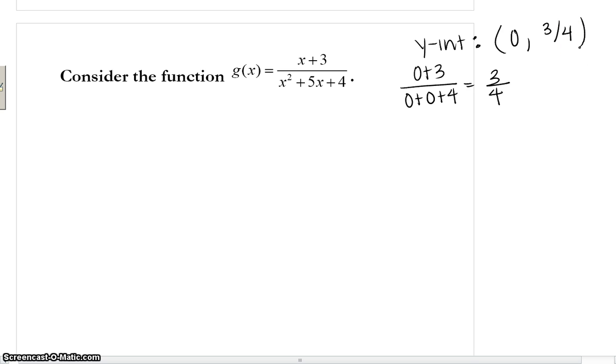And we can find our x-intercepts. Our x-intercepts, remember, come from our numerator, which tells us that our x-intercept is going to be (-3, 0). And our vertical asymptotes, remember, are in our denominator. So take a minute here, factor this out.